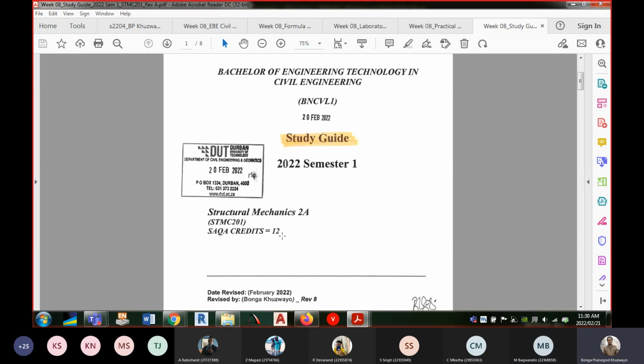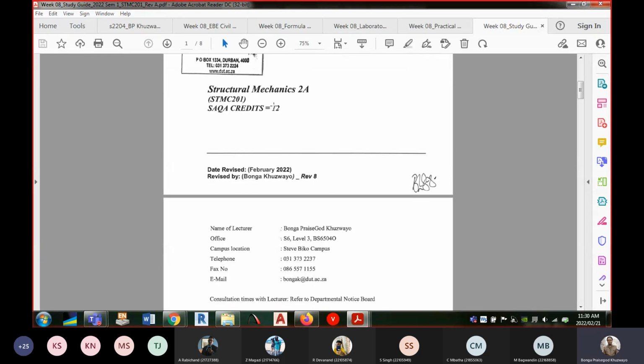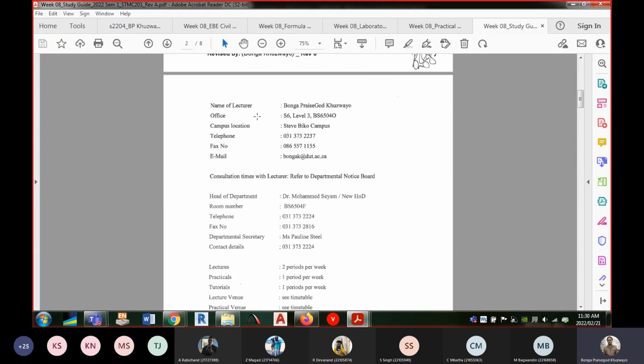The design projects that you're going to do in third year, I think that one is either 20 or 24, because it's got the structural component as well as the urban component in it. So this is a 12 credit subject. You need to spend about 10 times 12, 120 notional hours, but we'll discuss this just now.